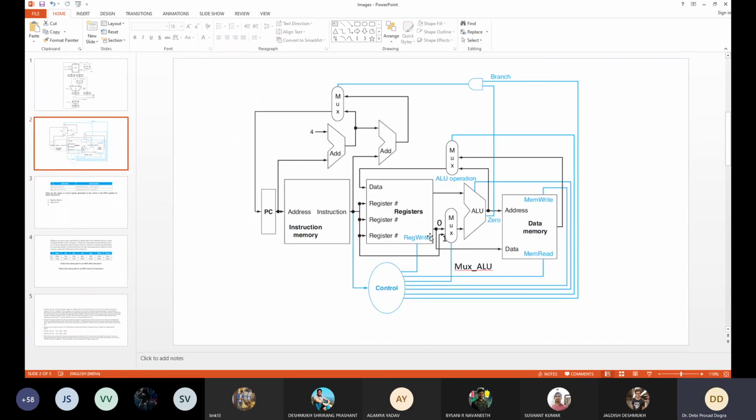Okay. So in this part, the values are here. There I need to give the arithmetic logic unit operation. Now here ALU operation, it may not be a single bit operation.